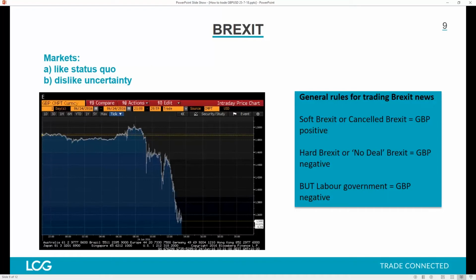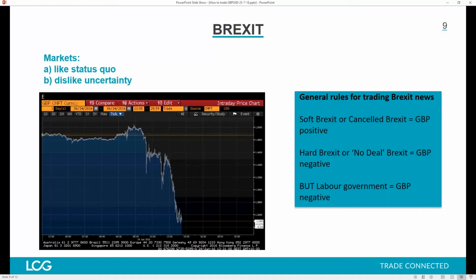So what markets are reacting to more is the uncertainty of it. Obviously, the UK has been part of the European Union for 30 odd years, so it's quite a disruption. So whether you believe it's a short-term disruption for a long-term good, or whether you think it's a permanent disruption for the permanent worse of the country, either way, there's obviously that disruption.